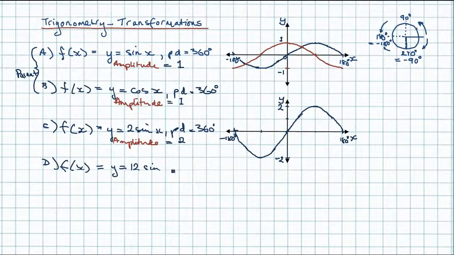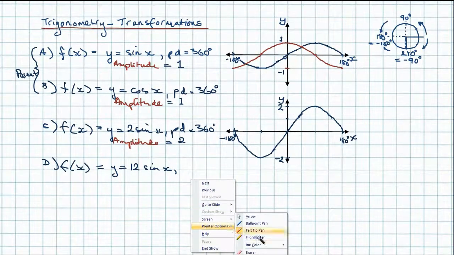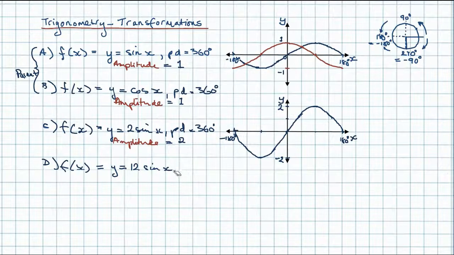So 12 sine x, but this time we're going to do something to this x. Instead of just plain old x, we'll have, let's say, 2x. Now we've really changed this. So our new function is y equals 12 sine 2x.